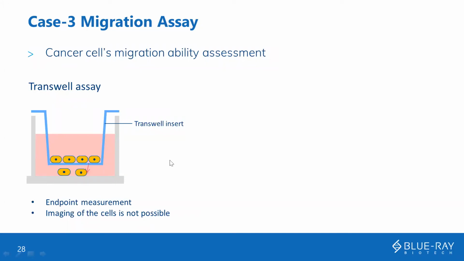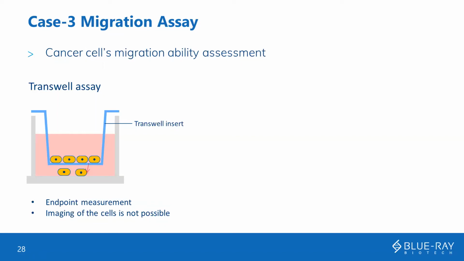However, the reviewers asked for flat observation of the cell images, because the transwell is an endpoint measurement. It is fragmented, and it cannot be confirmed whether most of the cells moved to the lower compartment or proliferated after moving to the lower compartment.